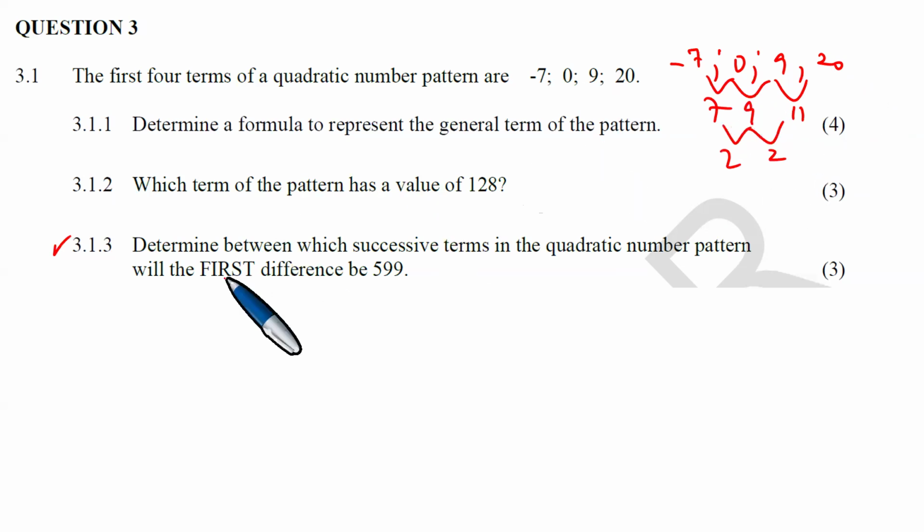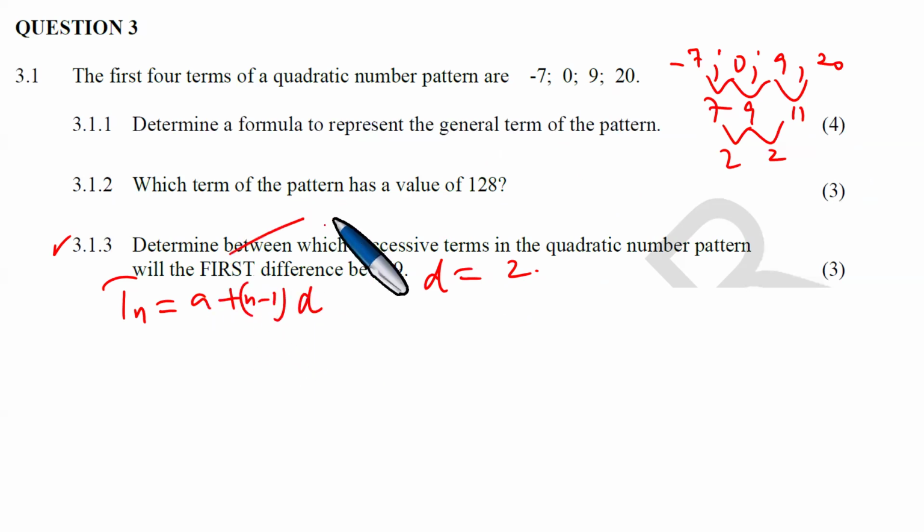The examiner is asking, determine between which successive terms in the quadratic number pattern will the first difference be 599. So these are the first differences, 7, 9, 11. What is the difference between them? The common difference is 2. Now Tn is a plus n minus 1 times d.